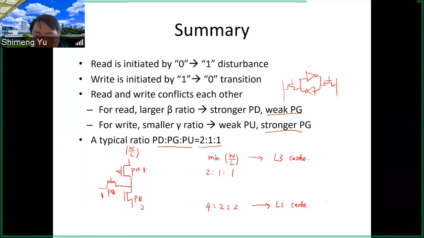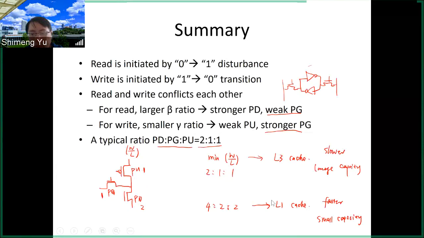So L1 cache is faster in speed, but small capacity. L3, you minimize the area, so you can have large capacity. But relatively, it will be slower.